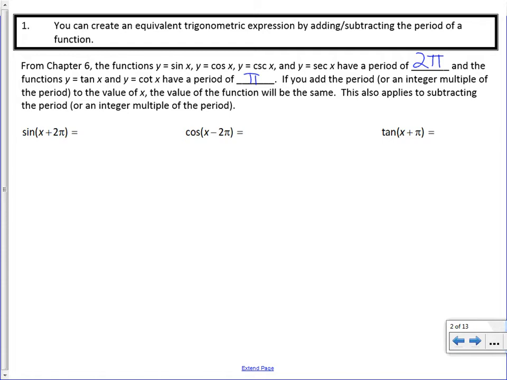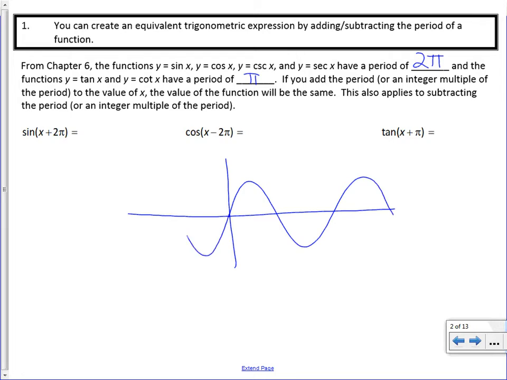So here's the visual. You don't have to draw this, but I just want you to have the visual, right? So here's the graph of sine x. What this is saying is, if I pick points on this function, y equals sine x, and let's say I move them all 2 pi to the right, which is what this is saying, right? Whenever you see inside the brackets a plus angle or minus angle, it's a horizontal translation.